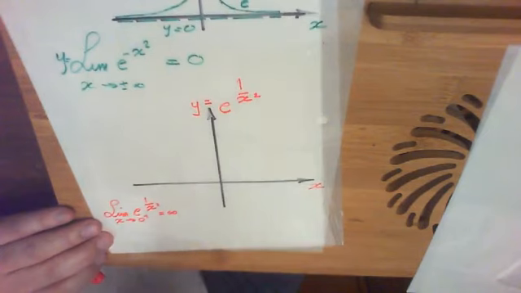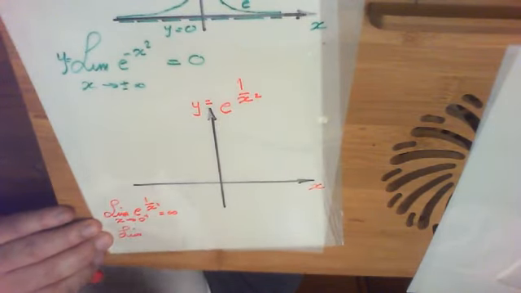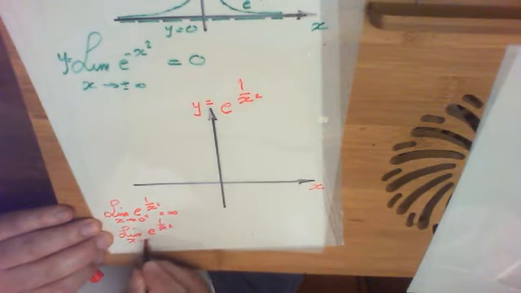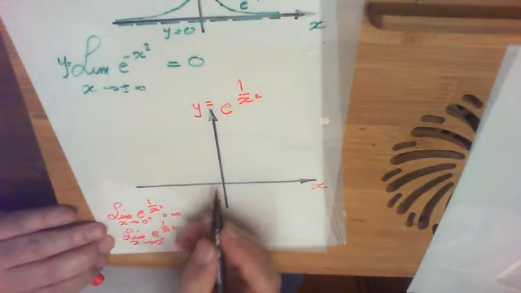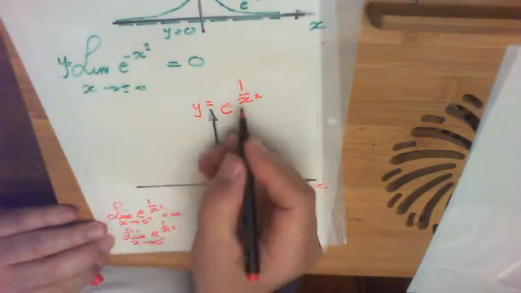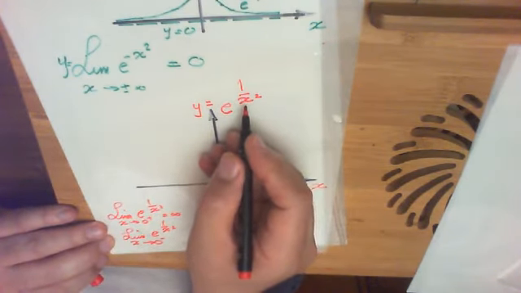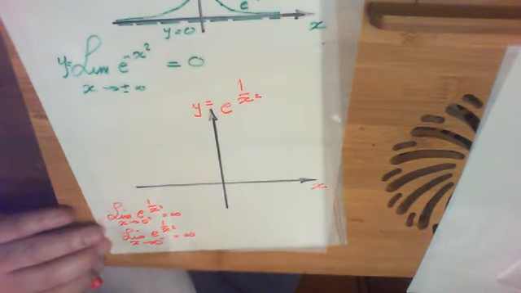What about the limit of e to 1 over x squared as x approaches 0 minus? Yes, x in this side, to the left of the y-axis, is negative, but you have x squared, which will go to positive values. So still this value will also be infinity.